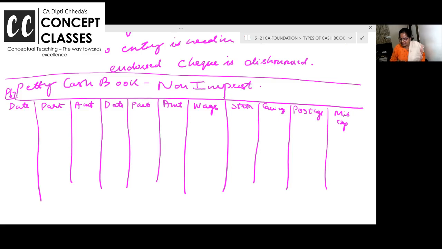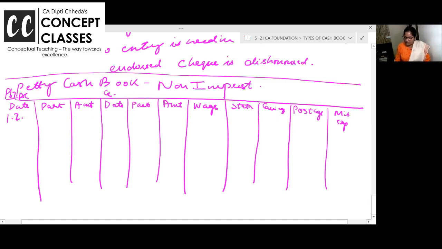Okay, let us start. Any doubt in the column? Ask them. This is the debit side, date, particulars, amount. This is the credit side. And I'm not making voucher number and folio because it's not there. If they give, you can do. On 1st of February, you have received the cash, 40 rupees.